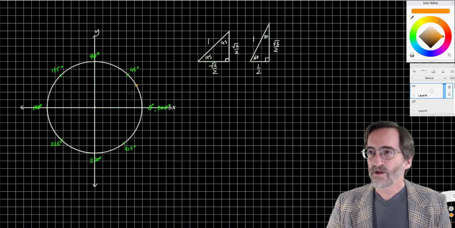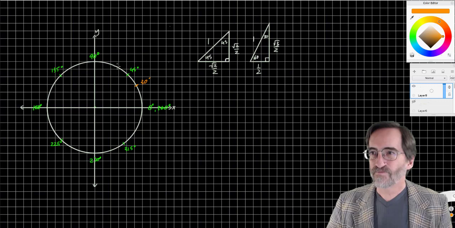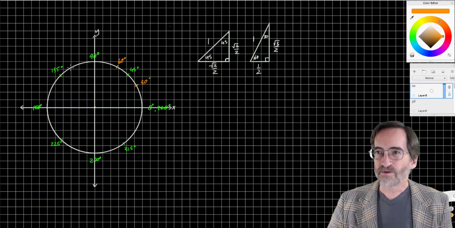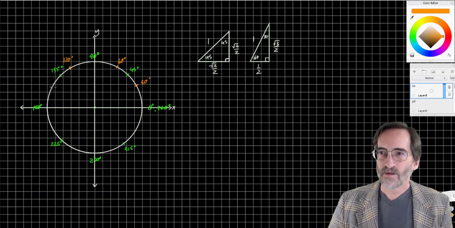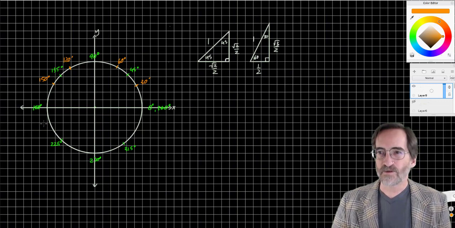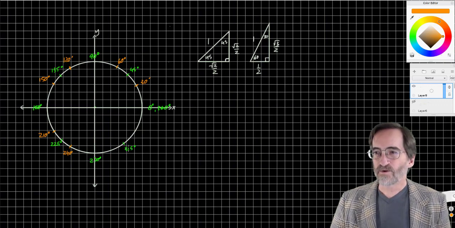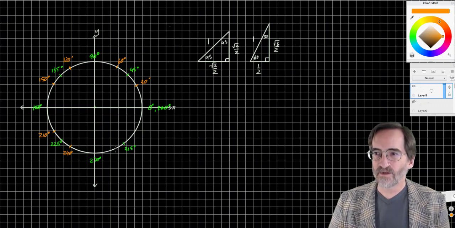A third of 90 is 30 degrees. 2/3 of 90 is 60 degrees. 90 plus 30 degrees is 120 degrees. 120 plus 30 is 150. 150 and 30 is 180. 180 and 30 is 210. 210 and 30 is 240. 240 and 30 is 270.